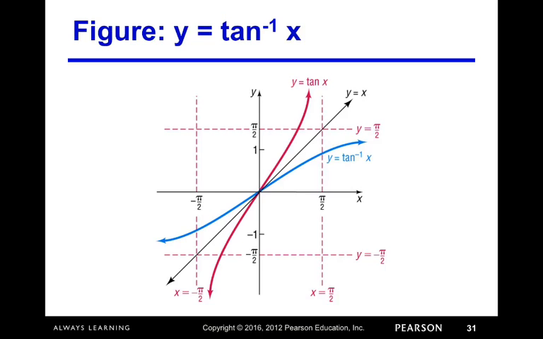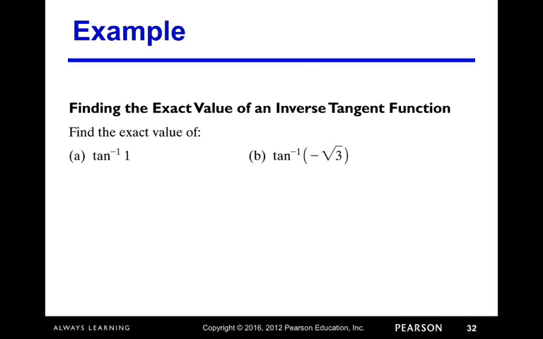Here's a picture of it, showing that it's a reflection across y equals x. So, find the exact value of the angle that has a tangent of 1. Well, tangent is y over x. So 1 is at a 45-degree angle, or pi/4.